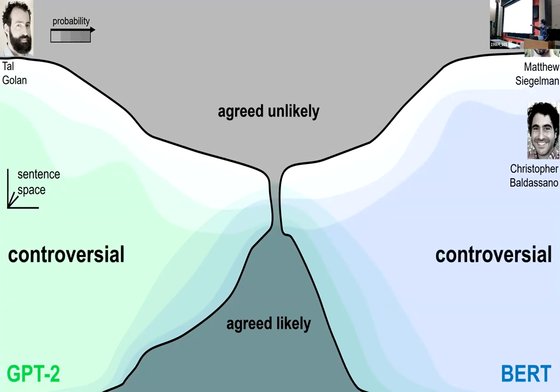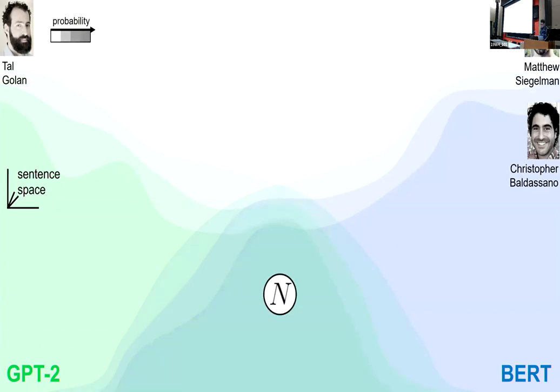And then we have these controversial regions of sentence space. And then we can start with a natural sentence and consider flipping words, exchanging each of the words in the sentence by any other word in the dictionary in order to keep the probability at least equally high, so to stay on this high probability plateau according to BERT, while minimizing the probability of the sentence according to GPT-2. And we get a synthetic sentence.